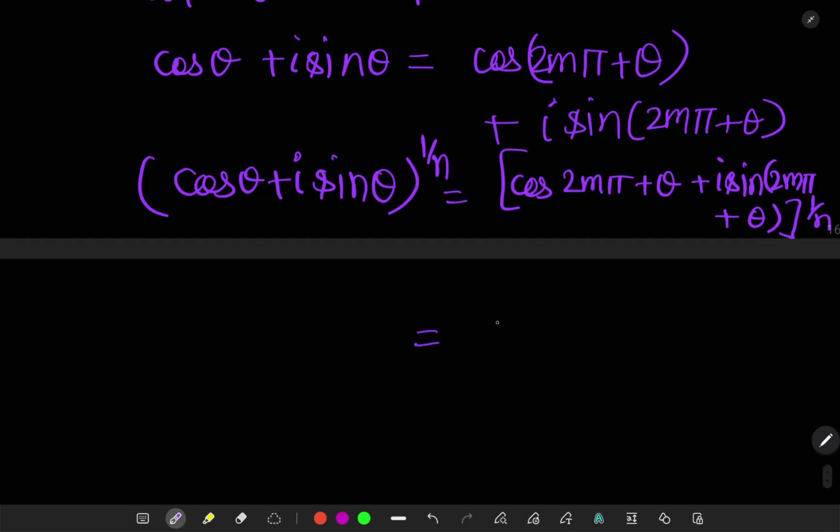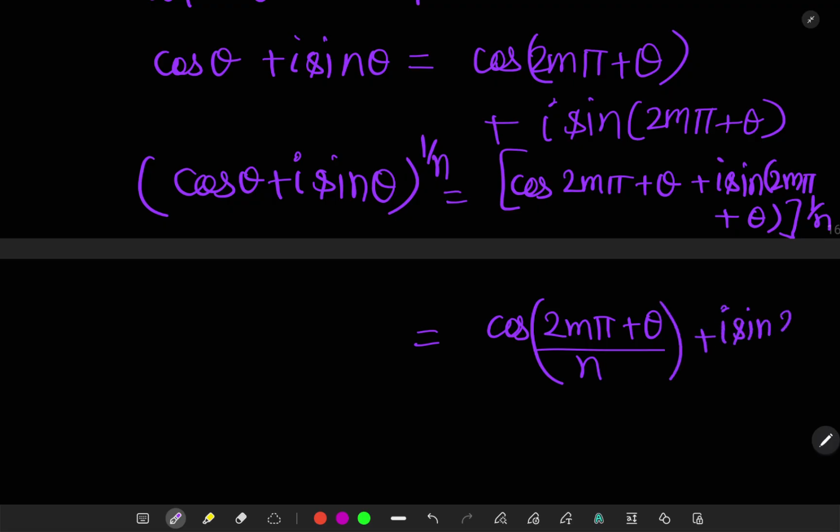Using de Moivre's theorem, we can write this as cos of 2 pi m plus theta divided by n plus iota sin of 2m pi plus theta divided by n.